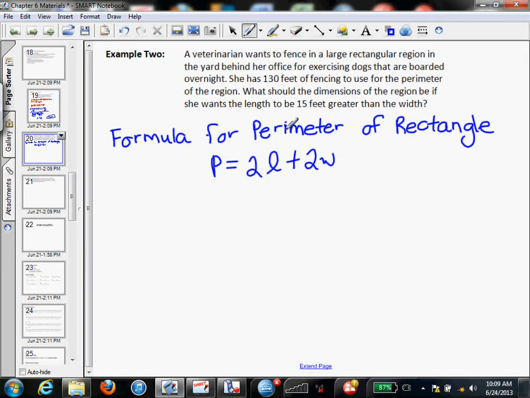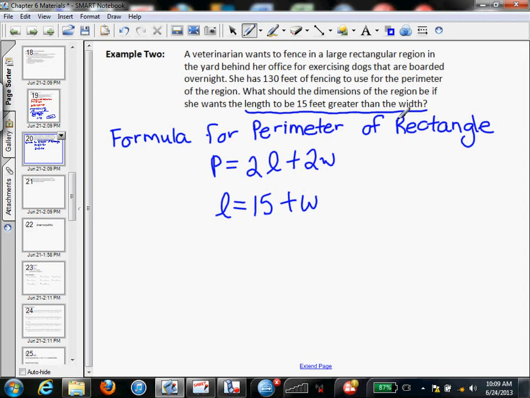Okay, and we're given some knowledge here that we want the length to be 15 feet greater than the width. So what that means is that she wants the length to be 15 greater than the width.